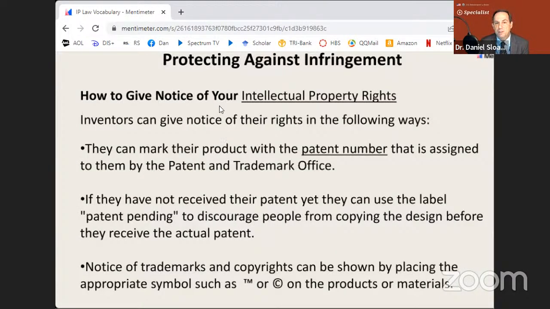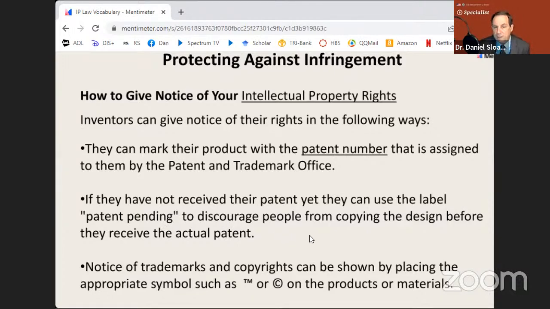How to give notice of your intellectual property rights. So inventors can give notice of their rights in the following ways. They can mark their product with the patent number that is assigned to them by the Patent and Trademark Office. They might have something like here, patent pending.